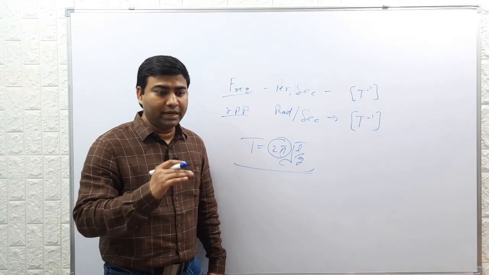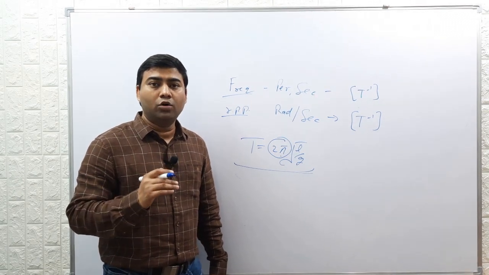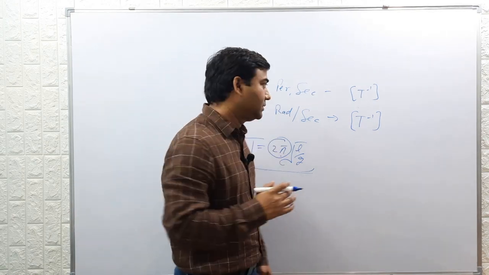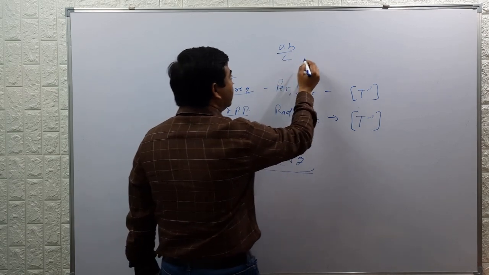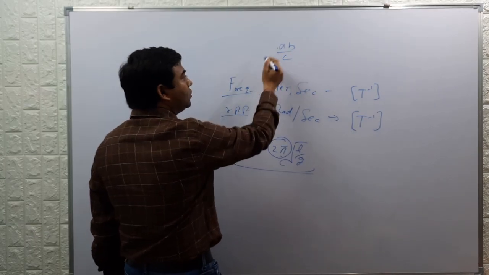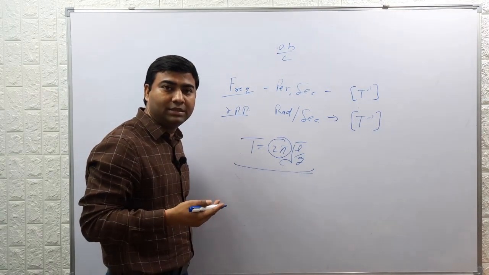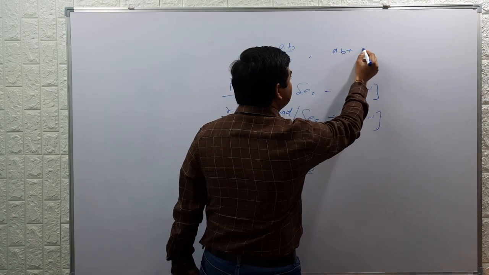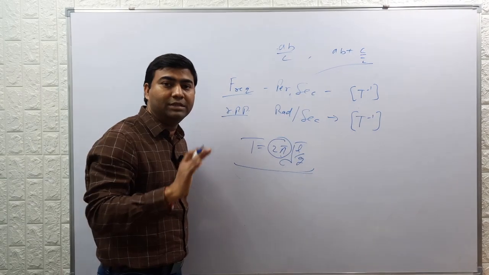That is, dimensional analysis can only be used for multiplication or division type expressions like ab by c. This type of physical equation can be derived by dimensional analysis, but equations like ab plus c by 2 cannot be derived by dimensional analysis.